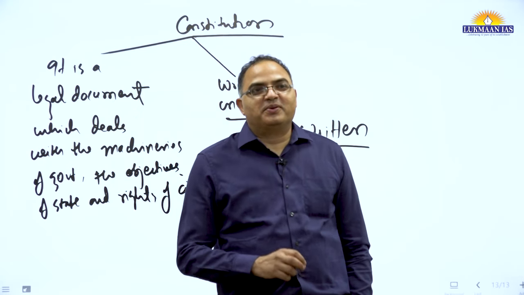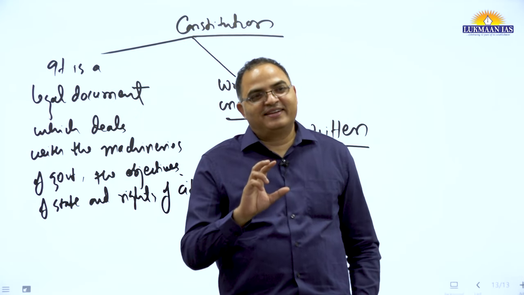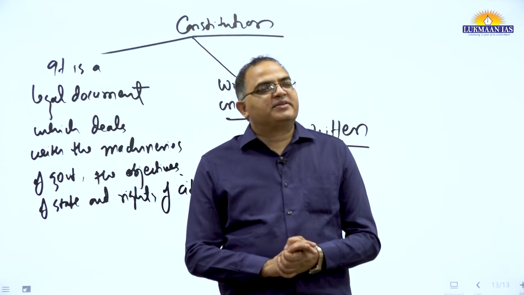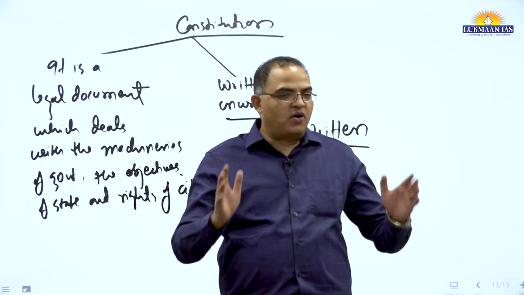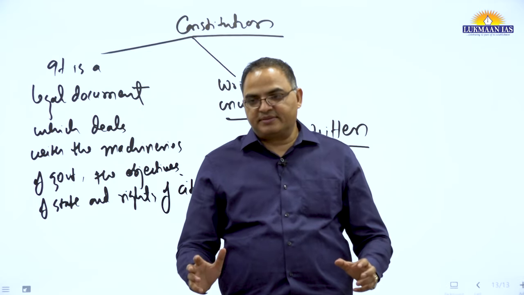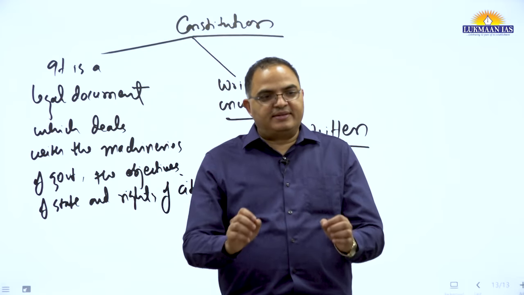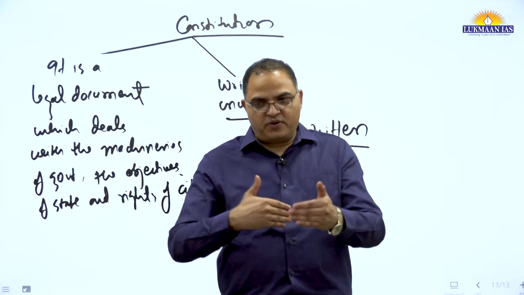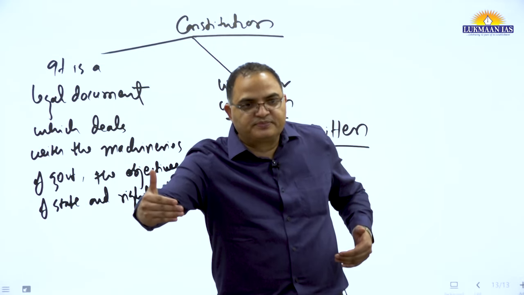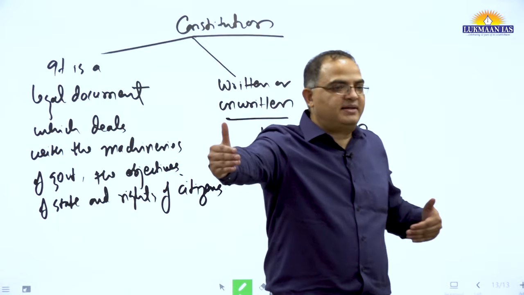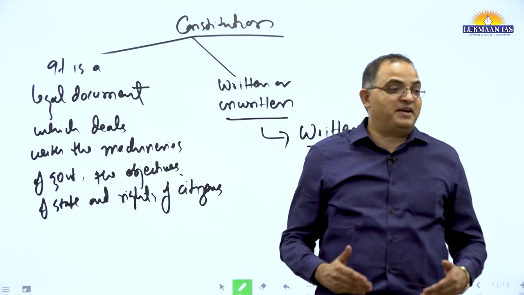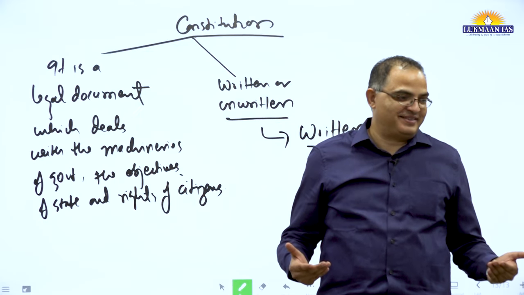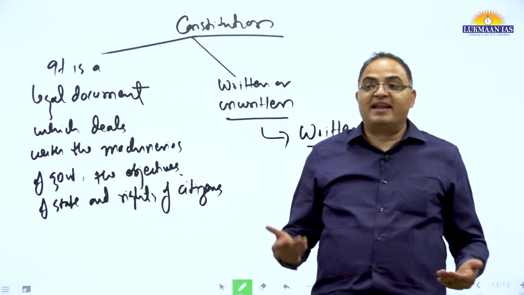so why are we saying it that way? Gradually understand. A written constitution is the fundamental law of the land. Everything done by the government should conform to the written document. If it does not conform to the written document, it is arbitrary and can be nullified by the court.